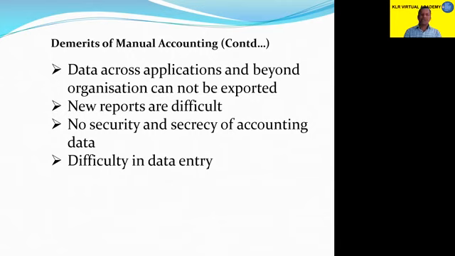The next one: new reports are difficult. Now we are in the era of IFRS, International Financial Reporting Standards, since 2016. It says you are supposed to prepare account books in your domain. For example, we are Indians, so we are supposed to prepare account books in the Indian accounting format, and the same in the international format.